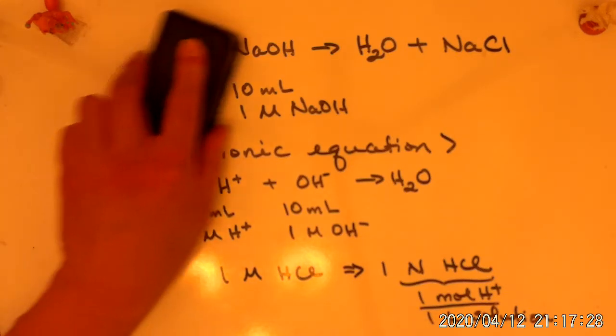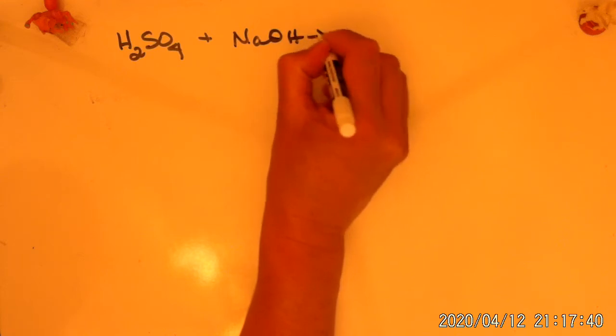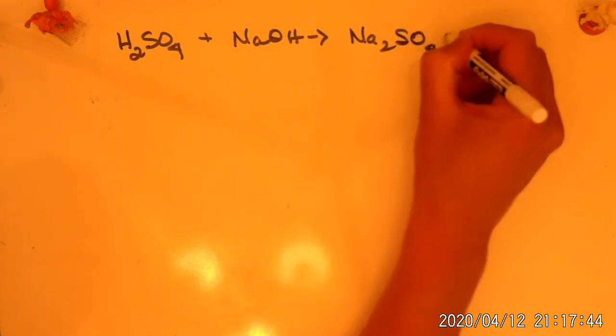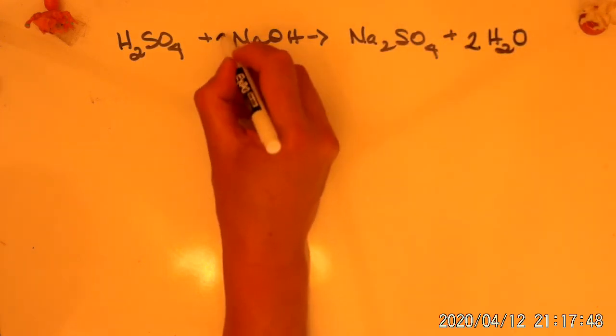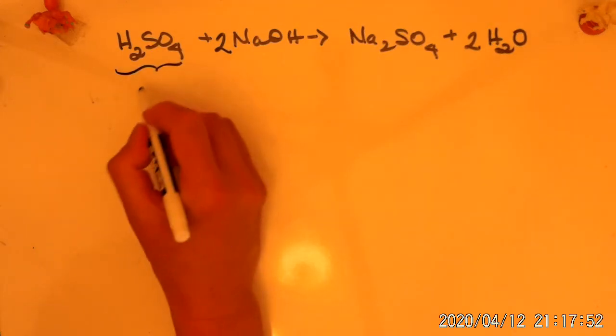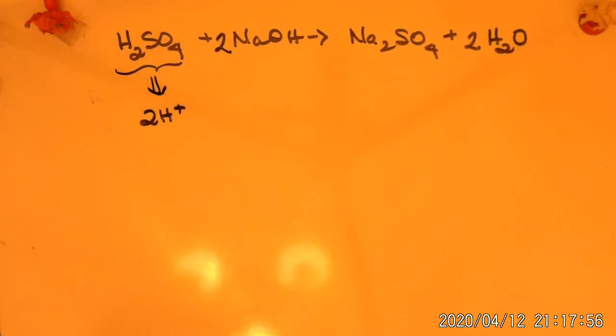Okay? Let's take a look at something different. Let's take a look at sulfuric acid. If we look at sulfuric acid, this gives 2 H pluses.